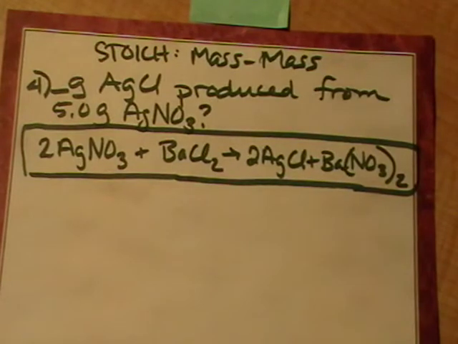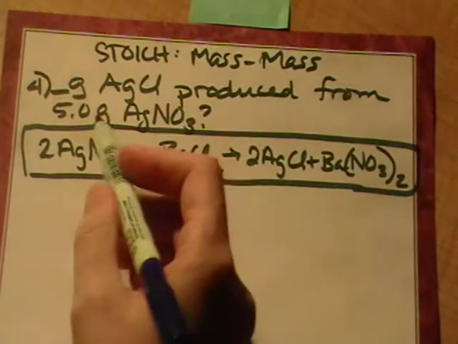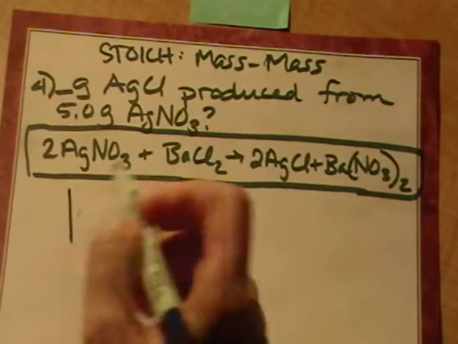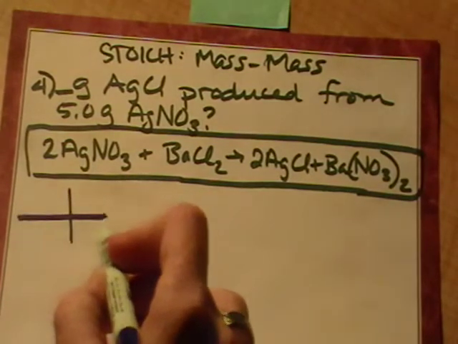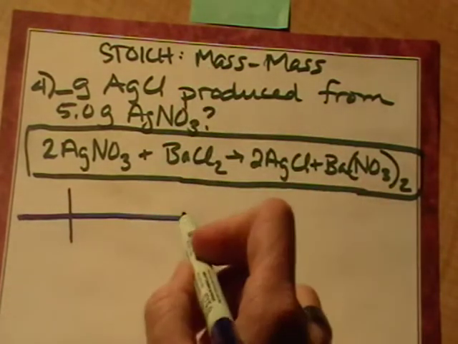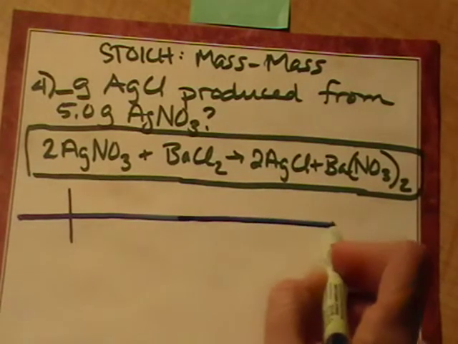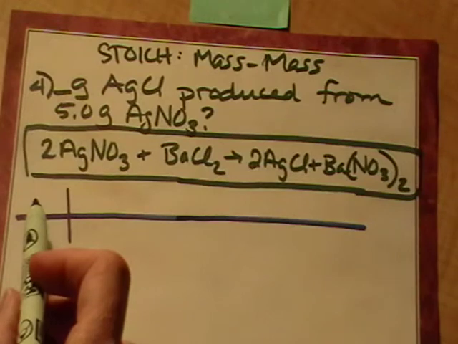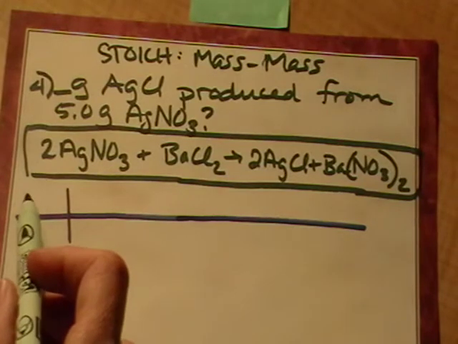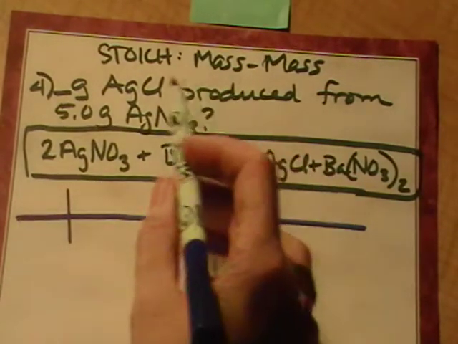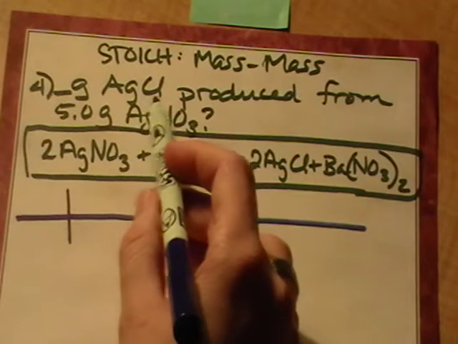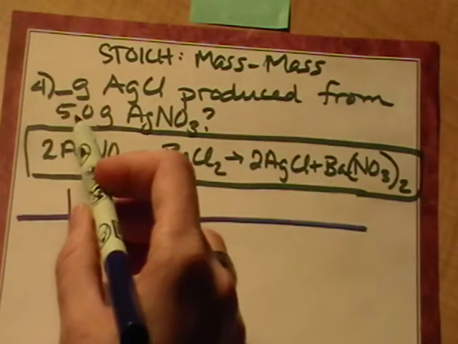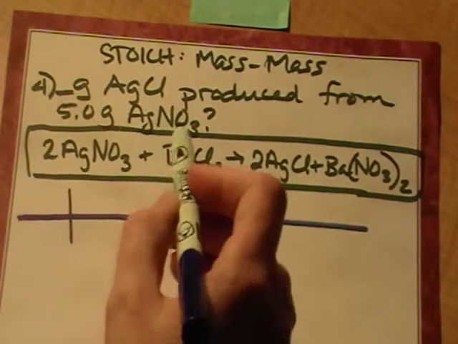So the first thing that we're going to do is map out that dimensional analysis. Sometimes some of you like to do the parentheses with the fractions inside. It's the same thing. Whatever I know goes in the upper left-hand corner. So it says that I've got silver chloride produced from 5.0 grams of silver nitrate.